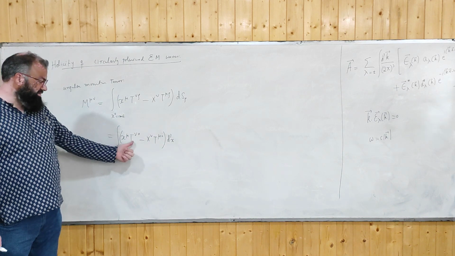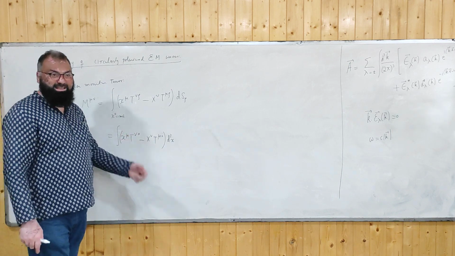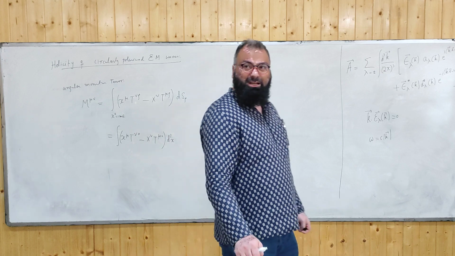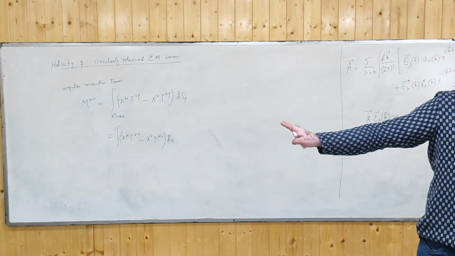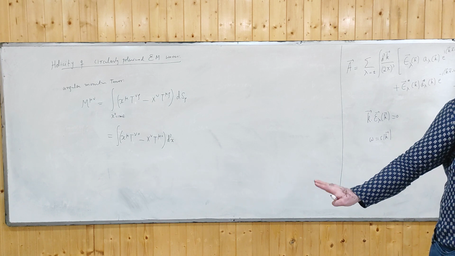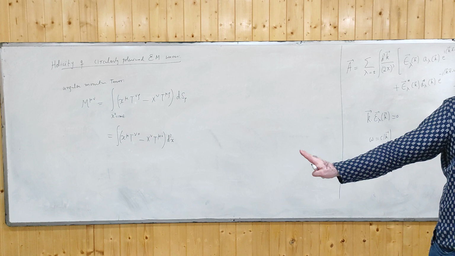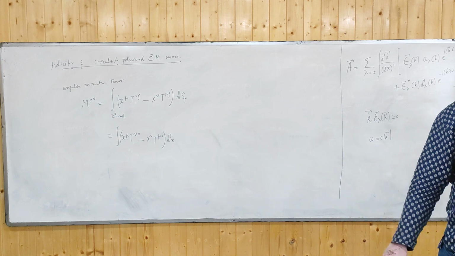So this T nu 0 will represent the Poynting vector. Clear? Do you have an idea for this kind of formula? This formula we have already derived some time ago. You remember it?